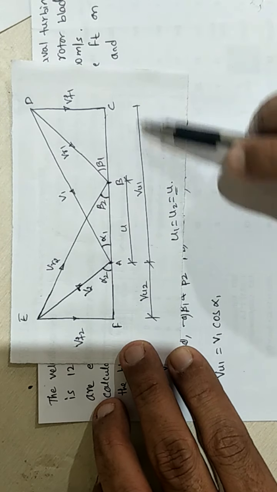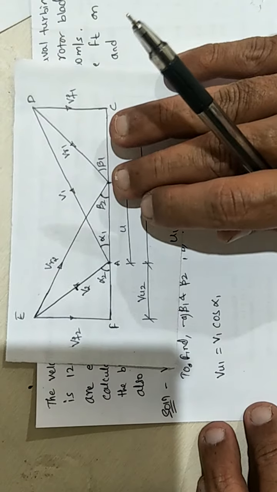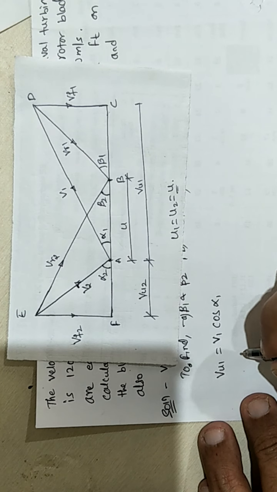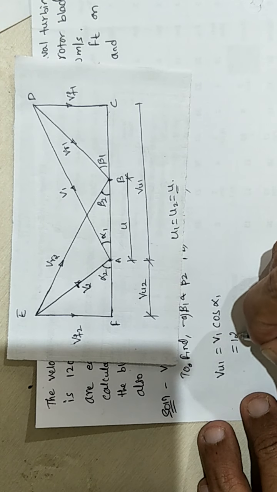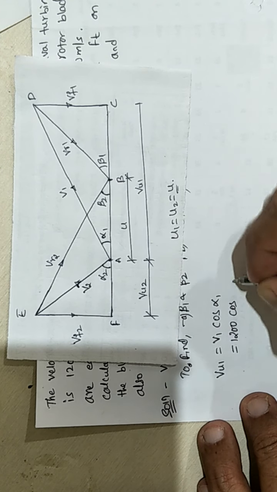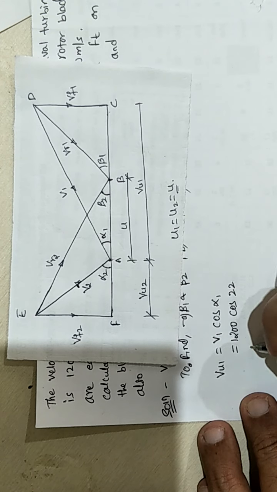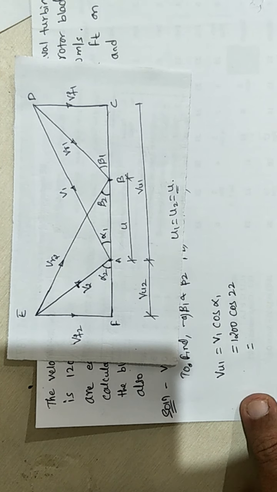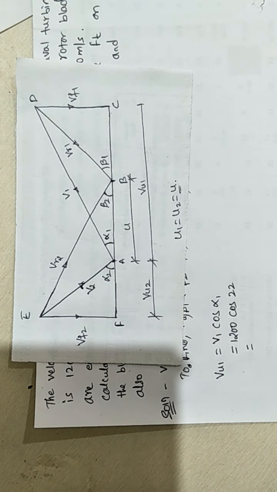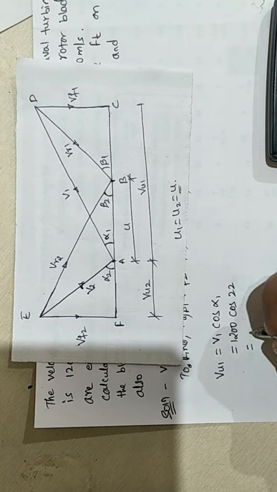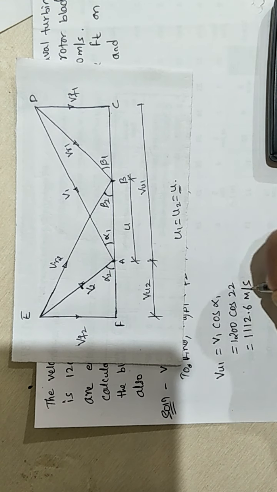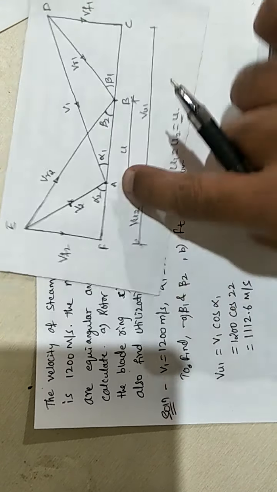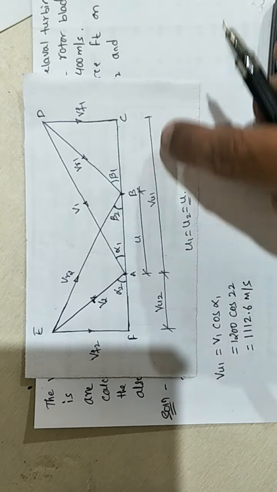AC is nothing but VU1. So VU1 is given by V1 cos of alpha 1, which is 1200 cos of 22. We'll get the value of 1112.6 meters per second. So this is VU1, and VU1 is nothing but AC.